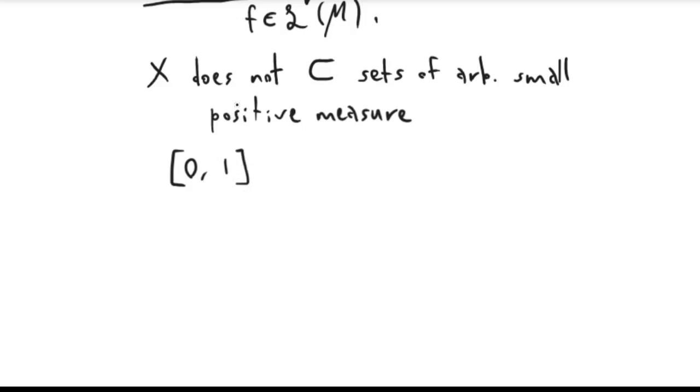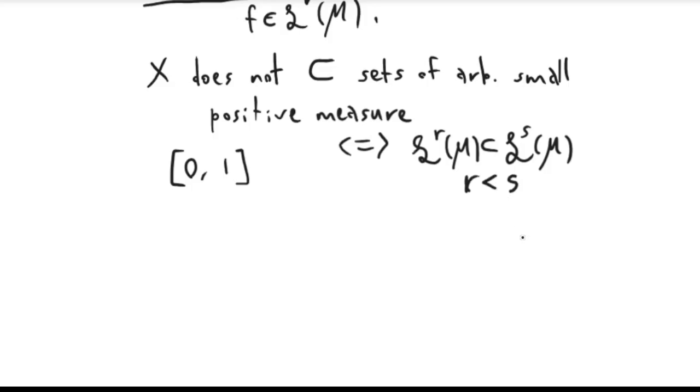But if X doesn't have that property, then that's actually equivalent to the property that L^r is contained in L^s whenever r is less than s. So we can prove this. One direction is slightly different from the other direction.